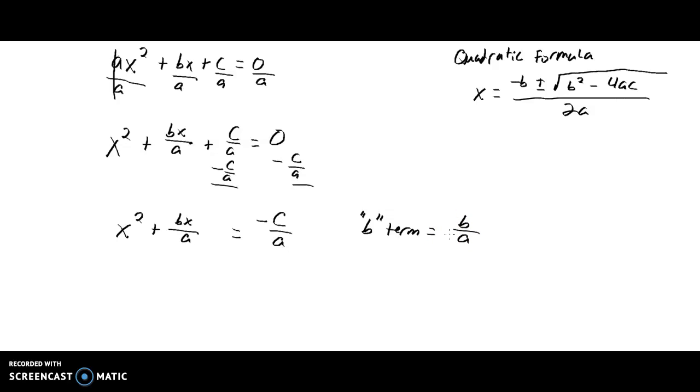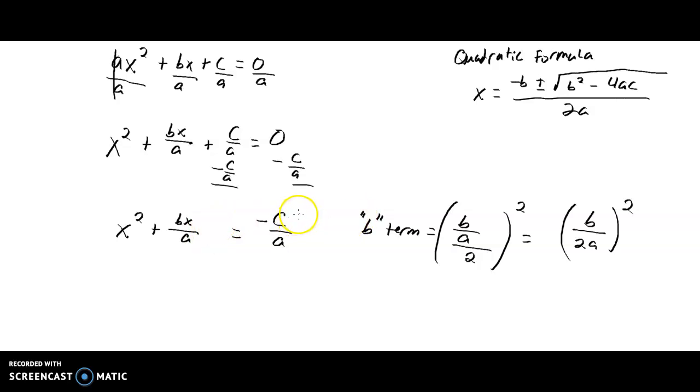So what I need to do is divide that term in half and square it. So I'm going to take this and divide it by 2, and then I want to square it, okay? And so that's going to give me this b over 2a squared, okay? And that is going to go into this position where the c term used to be.